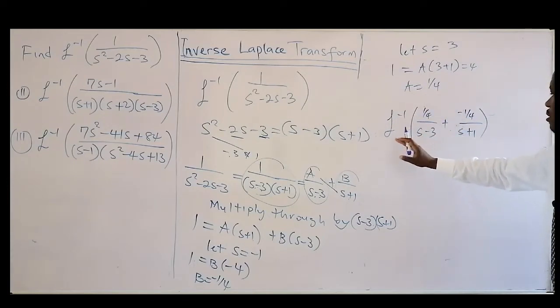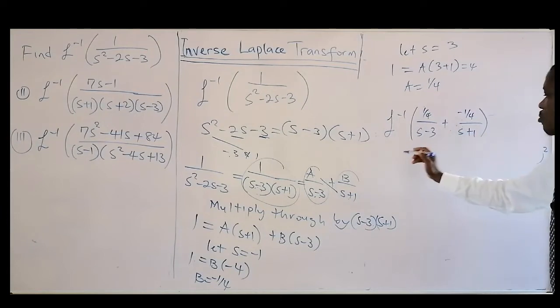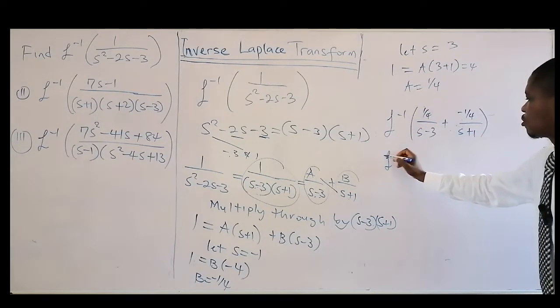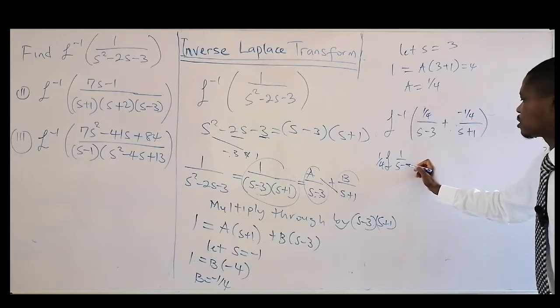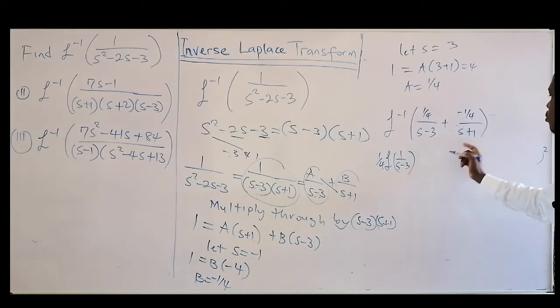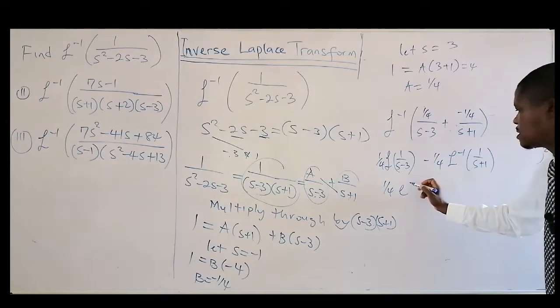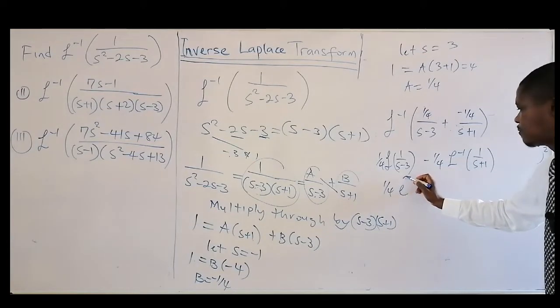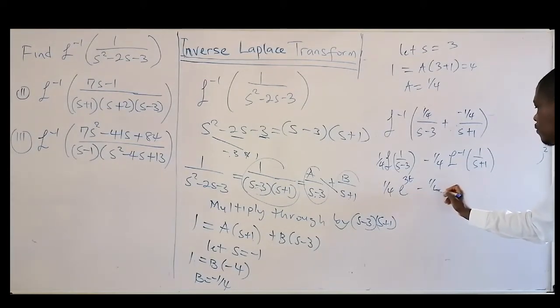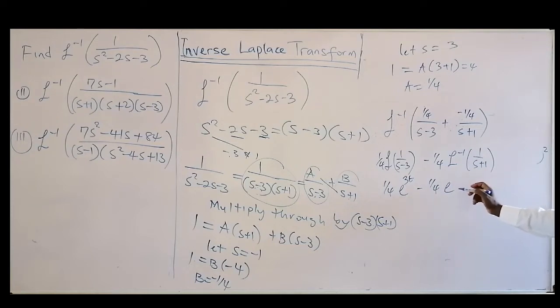Then we can allow the inverse of this function to be equal to the inverse: 1 over 4 can come outside, 1 over x minus 3, and then this one also, minus 1 over 4 can come outside, and then inverse of 1 over x plus 1. This will give us 1 over 4 e to the 3t, then minus 1 over 4 e to the minus t. But we can work on that.